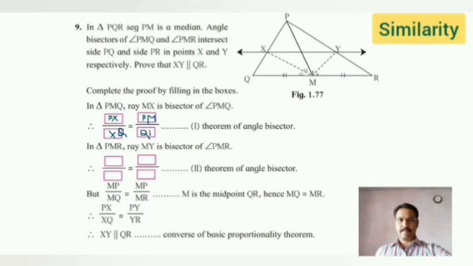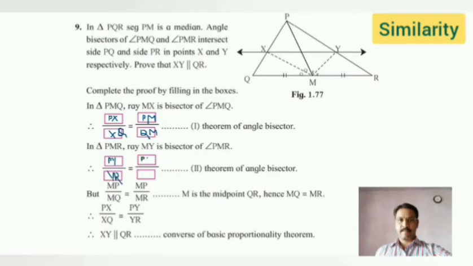Now similarly in triangle PMR, MY is the bisector, so again PY upon YR is equal to PM upon MR.